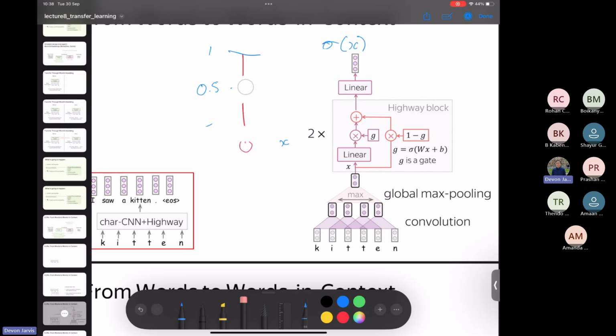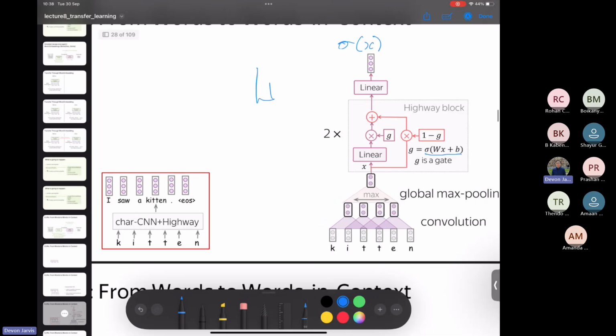So what we're going to do is take my input X, which is the output of this character level CNN plus max pooling. We're going to take that X and apply this operation to it. It's just a one-layer neural network, and then the sigmoid acting on it. So in this case, you have your vector representation here.